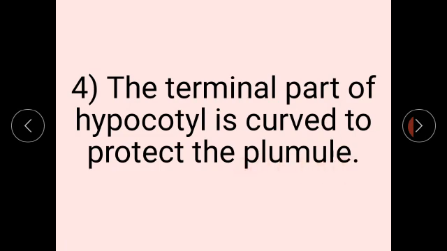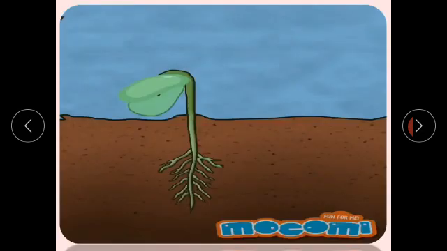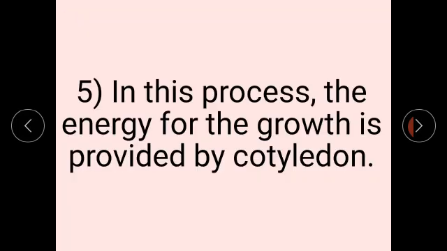What is plumule? It is the shoot or stem of an embryo plant. Clear? In this process, the energy for the growth is provided by the cotyledon. In epigeal germination, energy for the growth is provided by the cotyledon.